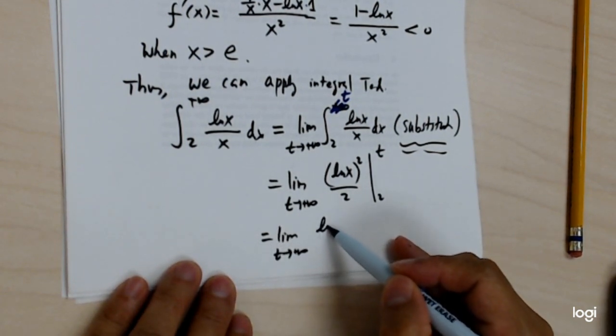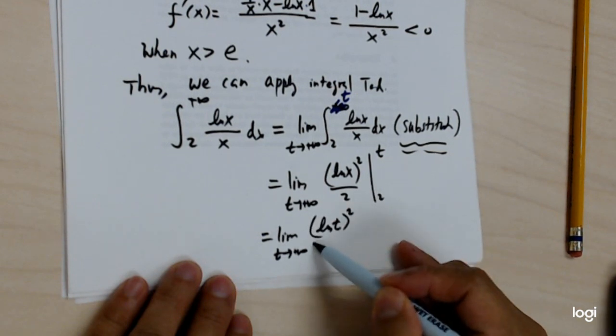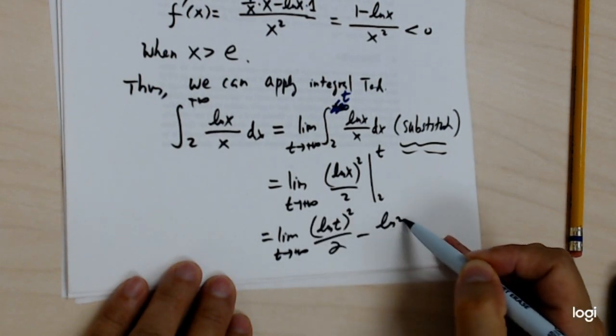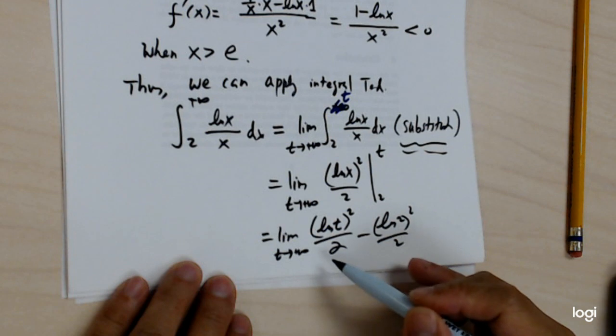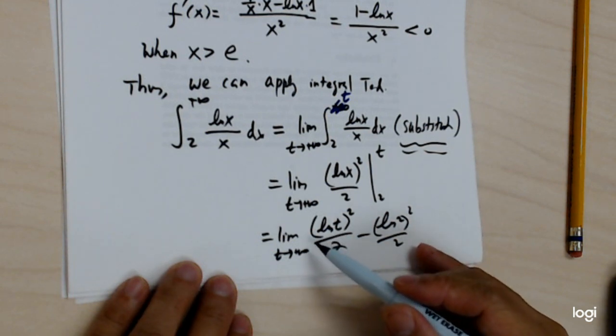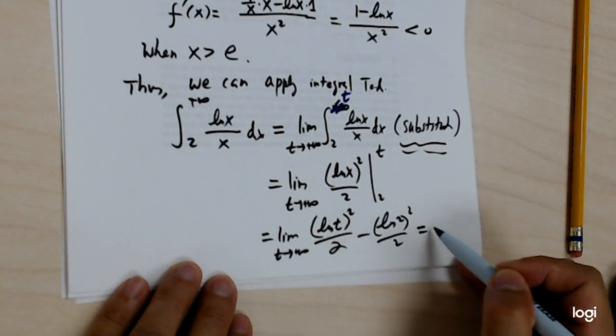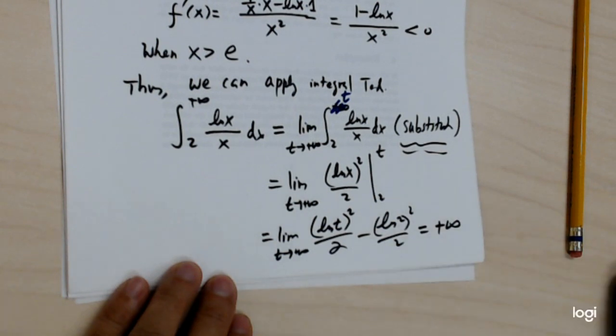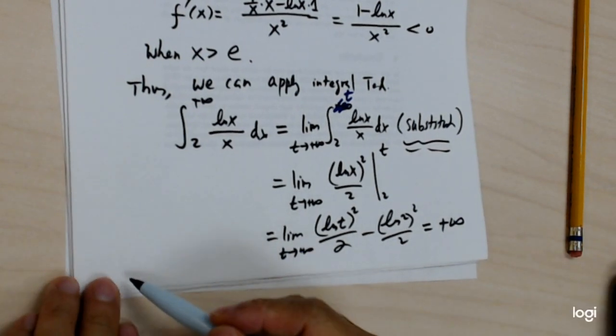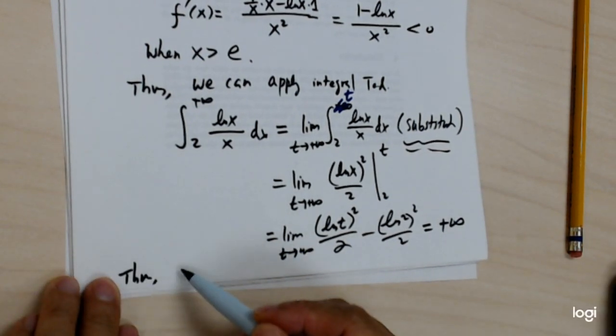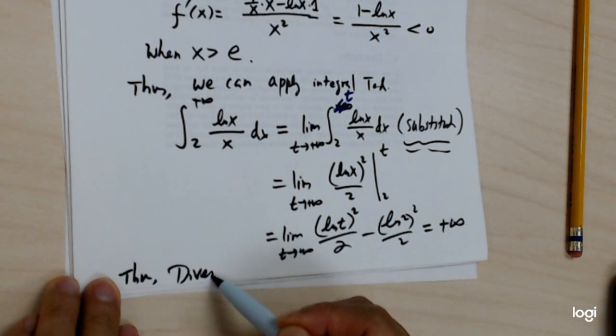So obviously when t goes to infinity, this one goes to what? Infinity, isn't it? And that's why the limit is infinity. Thus, the series diverges.